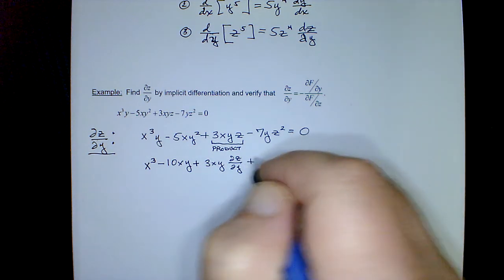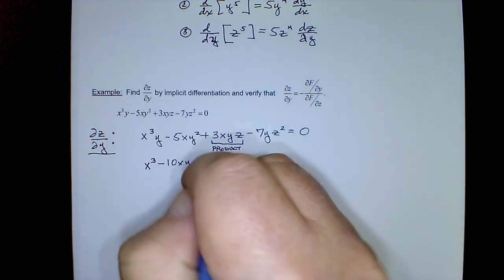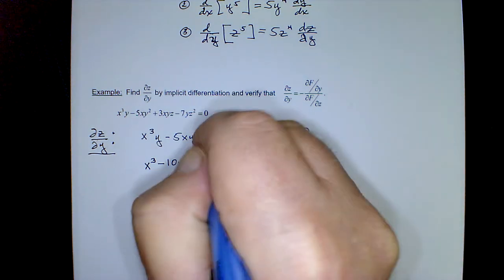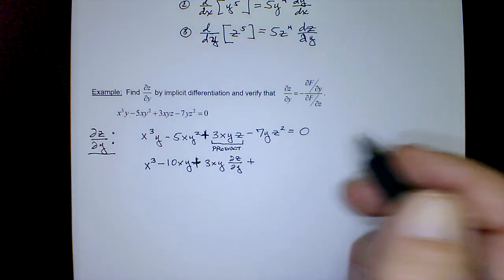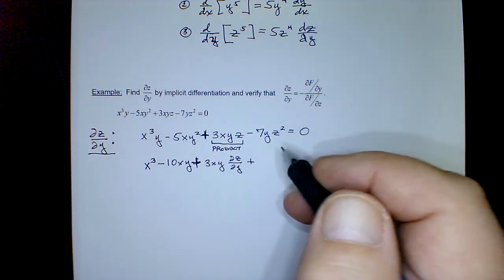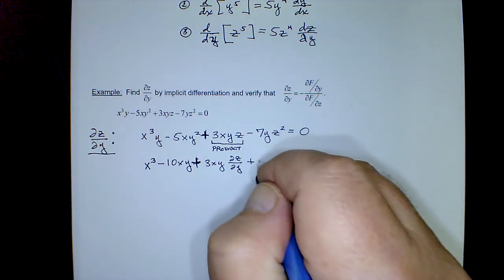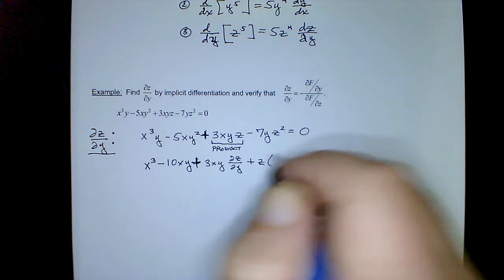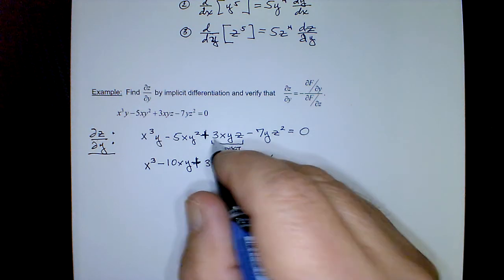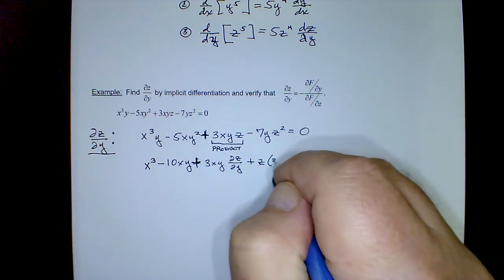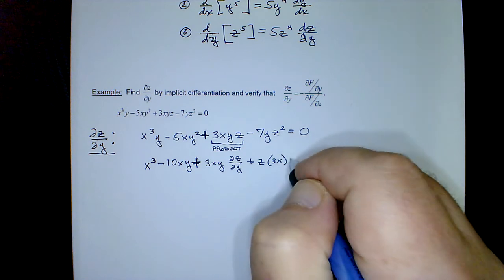And then plus the second factor. So let me make this plus bigger so that you know these two terms are generated from that product rule. So then plus the second factor z, and then times the derivative of the first. And the derivative of the first, x is a constant, derivative of 3y is 3, so that's just 3x.